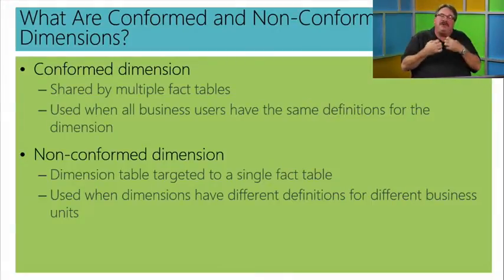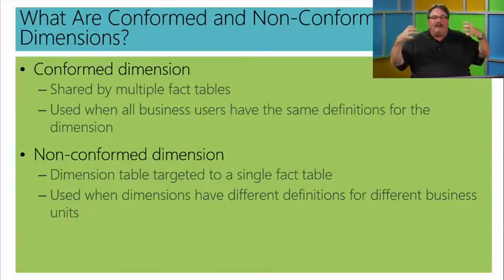So the dimension tables are designed, you might have two of them. For example, a manufacturing product dimension and a sales product dimension, where each one has a different set of attributes. So you separate them out and show each one the way it needs to be.